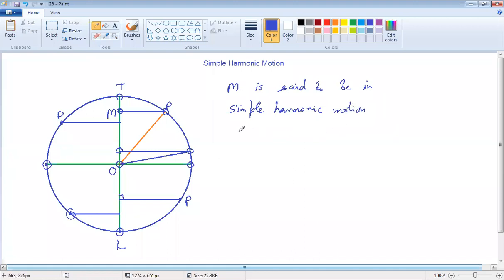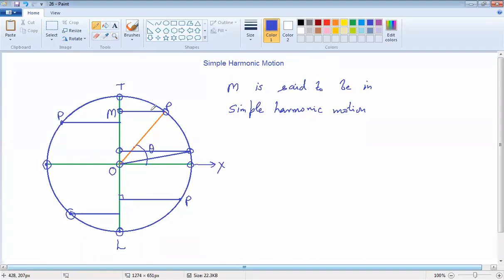Now, simple harmonic motion is a to and fro motion or oscillatory motion. It is a specific kind of oscillatory motion. What is the relation of this motion with the sine function? Suppose point P, which is moving on the circle, makes an angle theta with the positive direction of the x-axis.